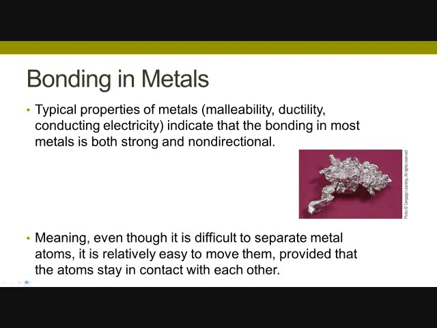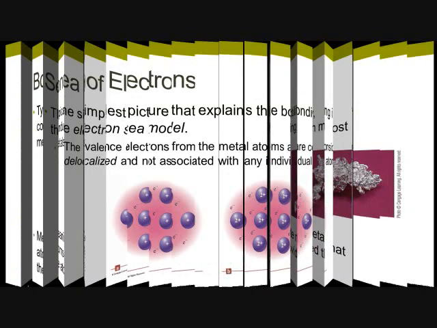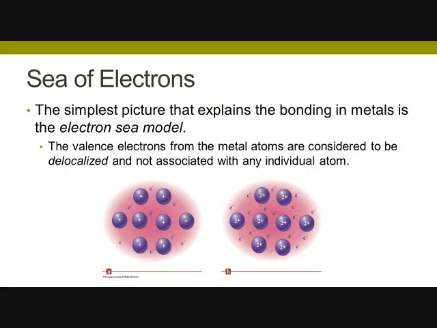The way that we describe these properties of metals and what they have to do with the actual atoms of the different types of metal is by coming up with the electron sea model, where the valence electrons are delocalized, meaning that they are free floating around and not associated with any individual atom.